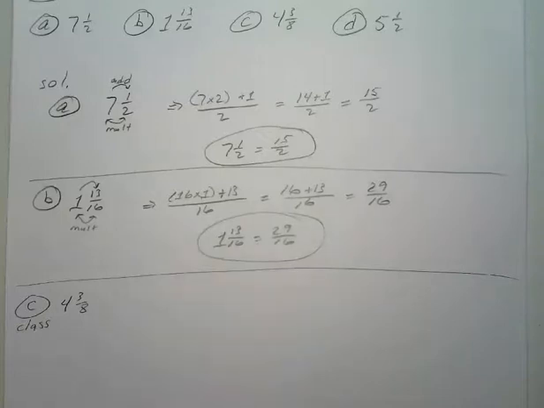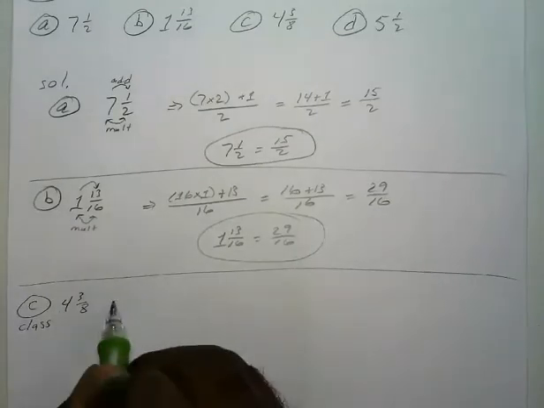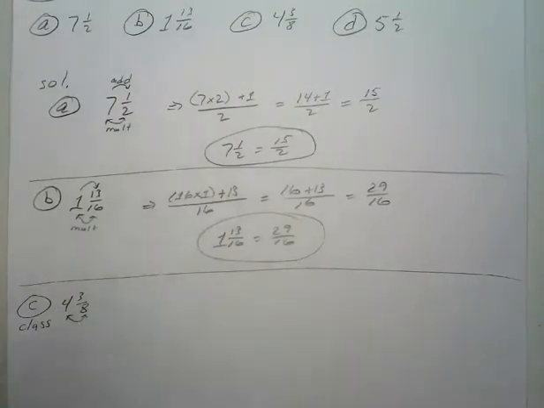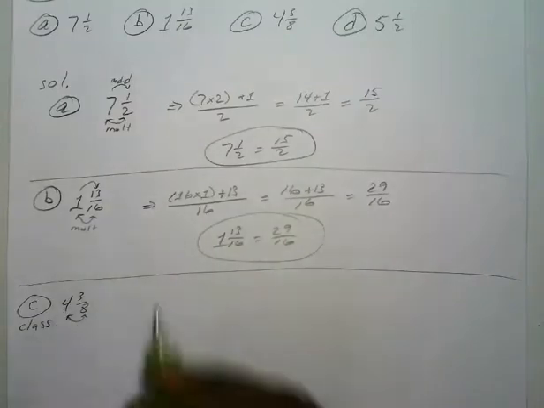All right, so I'm assuming you've pressed pause and you've worked out problem C and D. So remember, for this one, you have to multiply your denominator and whole number.